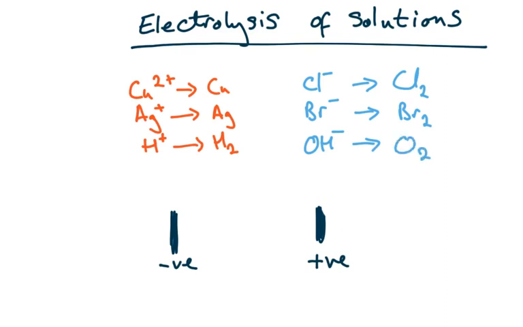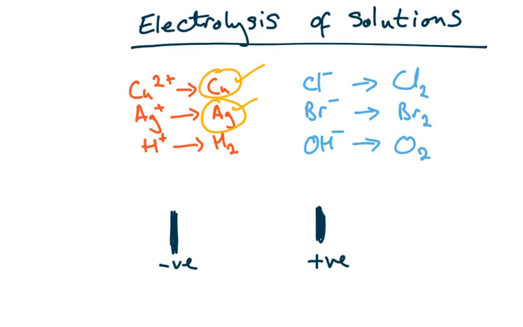So how do we work out which ion is the one that's going to make it to the electrode, or what we're going to have for different chemicals? What you need to do is have a look at the chemical, and there's some really easy tricks that we can use. So first of all, if you can see that the chemical contains copper, then it's going to be copper that comes off. If you can see that it contains silver, it's going to be silver that comes off.